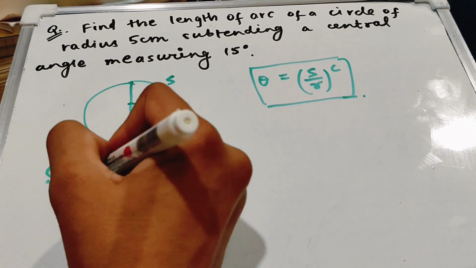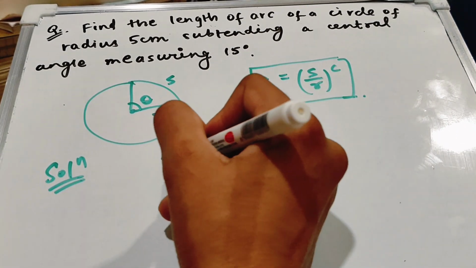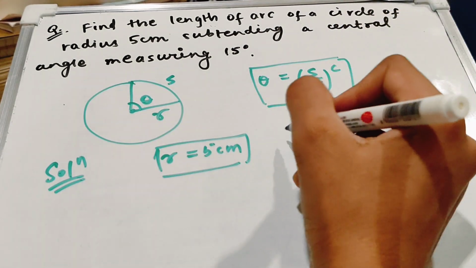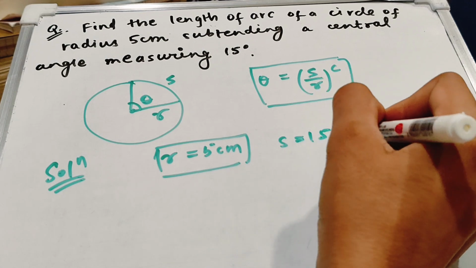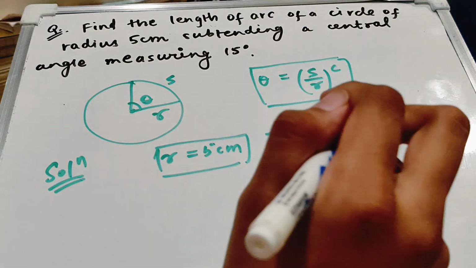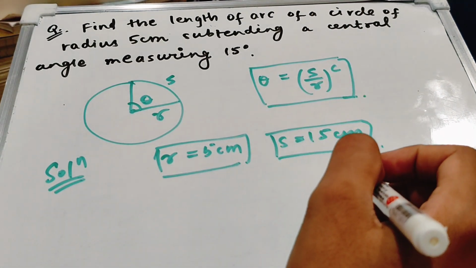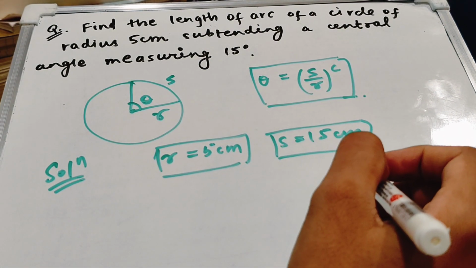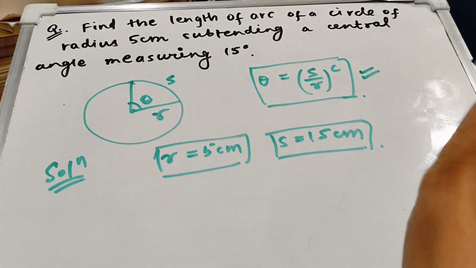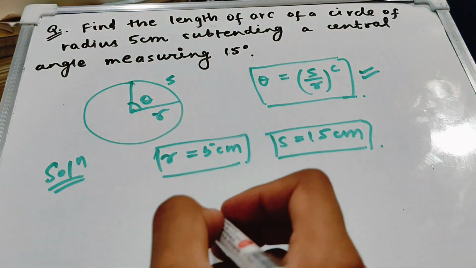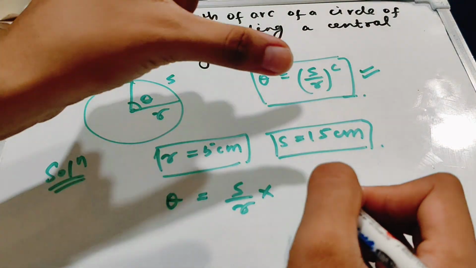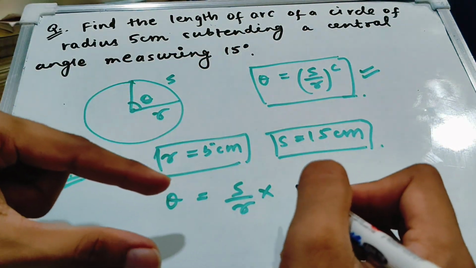So it is given in this question that the radius is 5 cm and the length of the arc is 15 cm, right? But the values are given in degrees. So we have to convert this formula to degree so that we can put these values. So theta will be s by r, and now I want to convert this radian value to degree value.